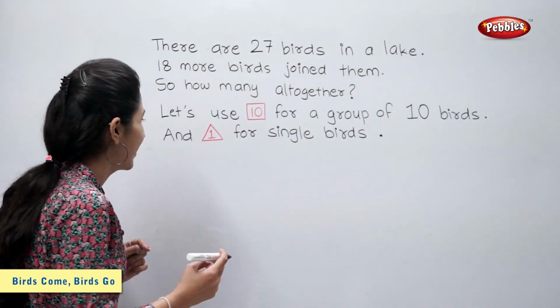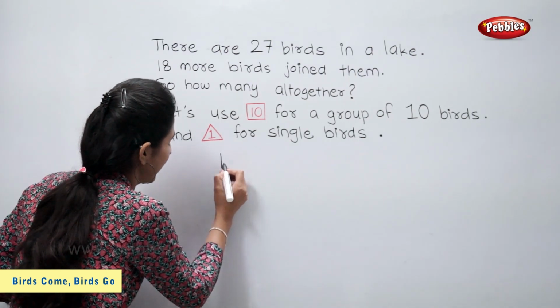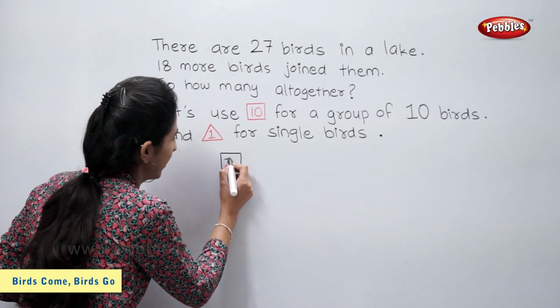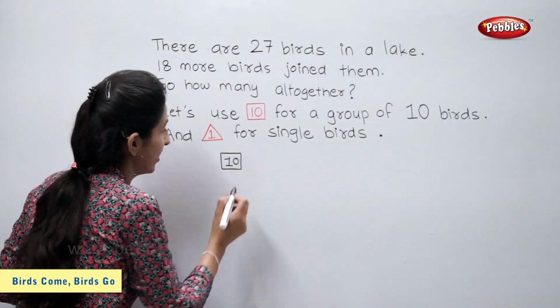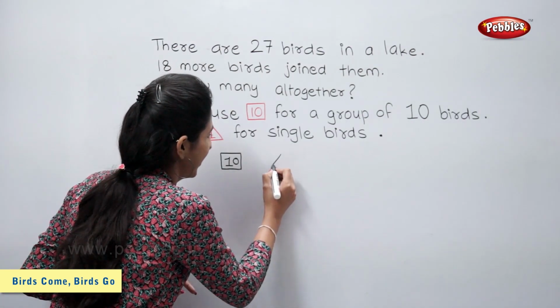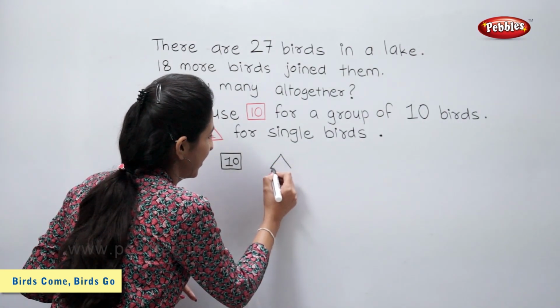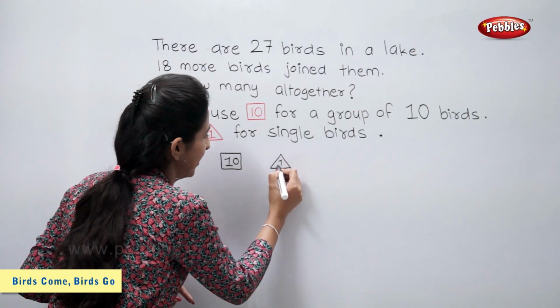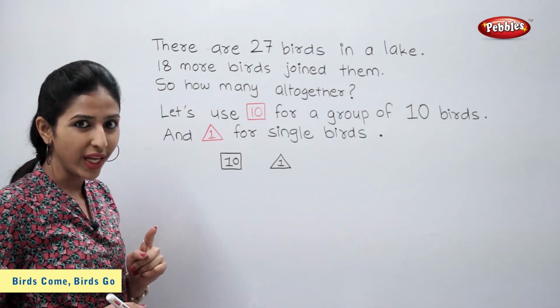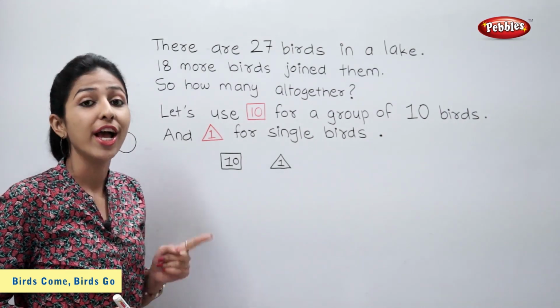Let's write. Square for tens, triangle for ones. Now let's write 27.